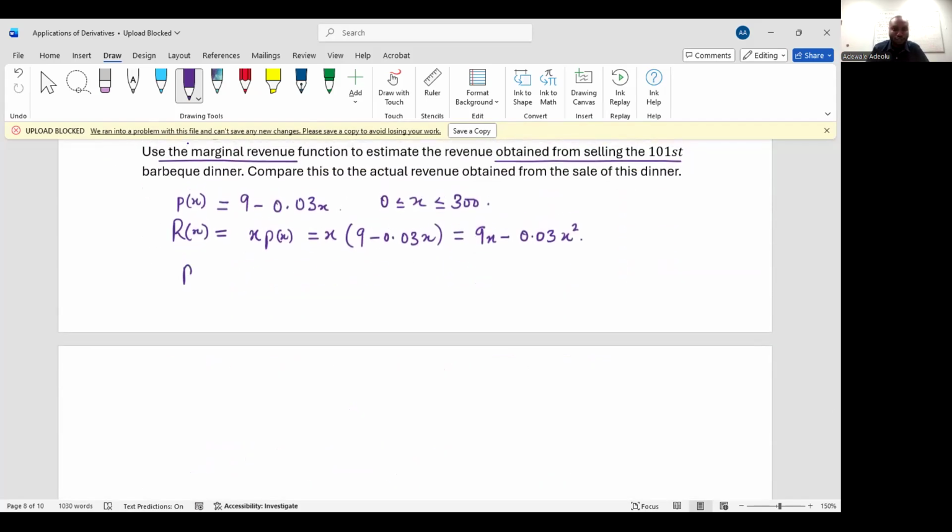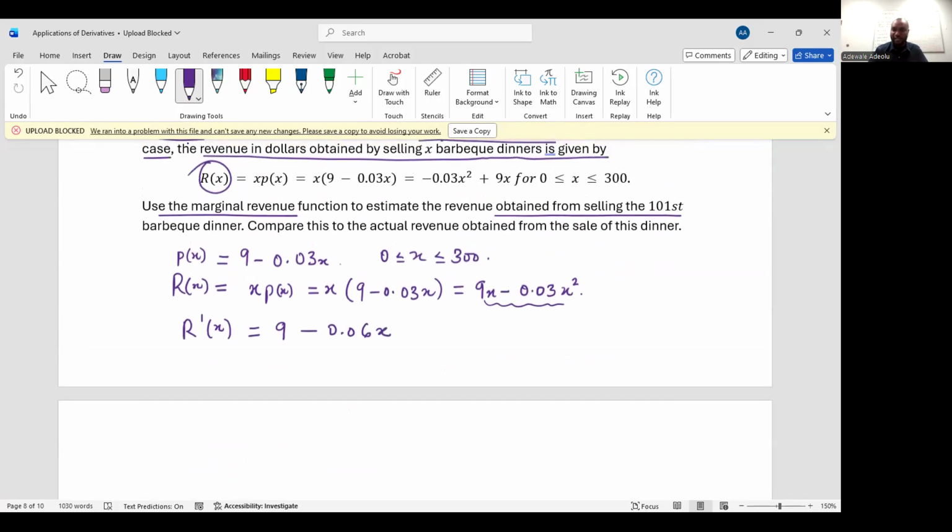So what we need to do is take the derivative of your revenue function. And in this case, I'm taking the derivative of this: 9 minus 0.06x. So then the revenue obtained from selling the 101st, meaning R prime of 100.